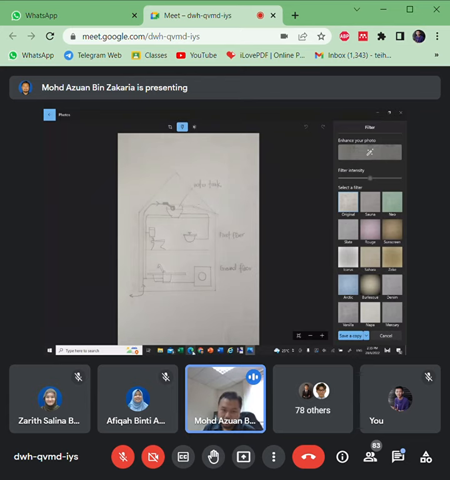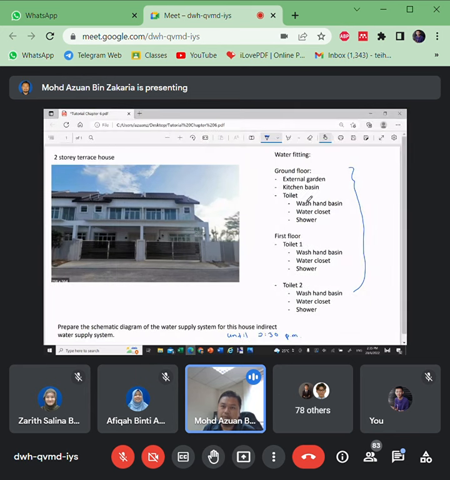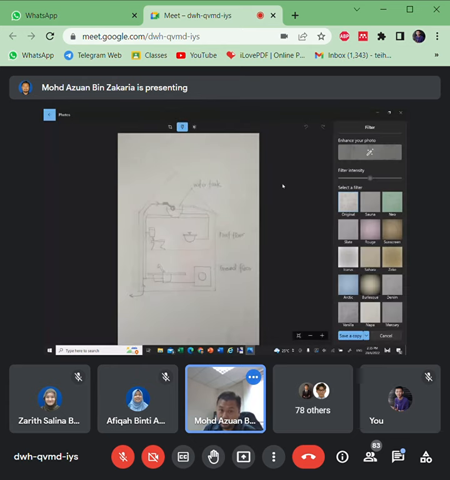Alright. Sebab you mesti tunjukkan semua water fitting ni dekat external garden dan semua ni lah. So untuk macam ni simple dan labeling tak ada. So for improvement you need to show all the schematic including all fittings, and also better to include meter also.